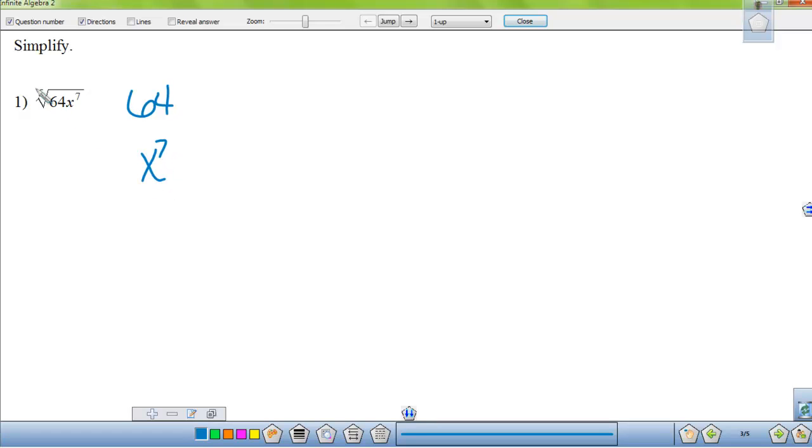And since I want the fifth root, what I need to do is break this 64 down into its prime numbers. So to do that, pull it off to the side and just break it down into its primes. Eventually you will probably memorize some of these, but for right now, we know that 64 is equal to 2 to the 6th.